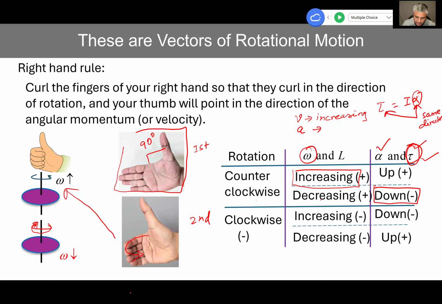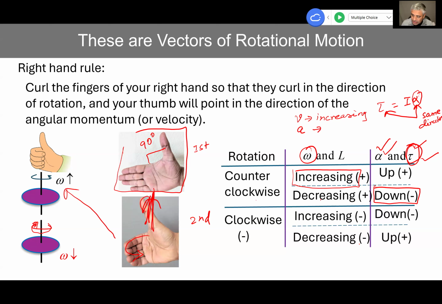So that is the direction of spin, and this is supposed to be straight up there, right? So that is the direction of angular velocity. Once you have the direction of angular velocity and see if the velocity itself is increasing or decreasing, you can figure out the direction of acceleration, okay?